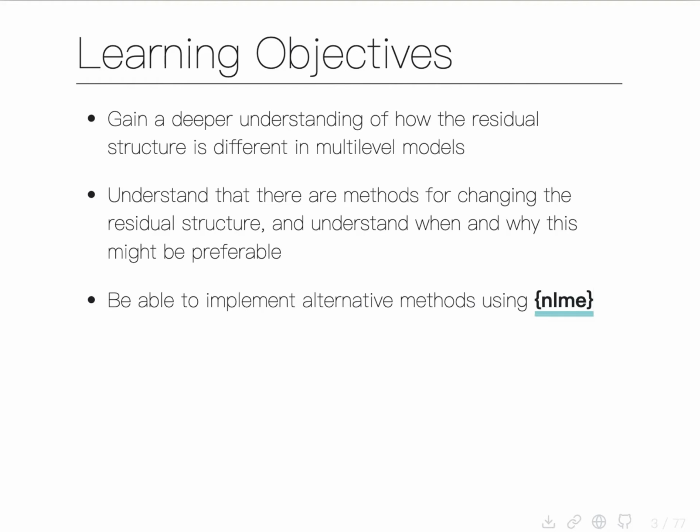Okay, and then hopefully you should be able to, by the end, implement some of those alternative methods in LME. I'm only going to really cover a few of these, but there are tons of them. All right, so we'll just talk about the ones I think of as the main structures, and we'll have all the code to do that. And then you can dive deeper on your own later if you want to.